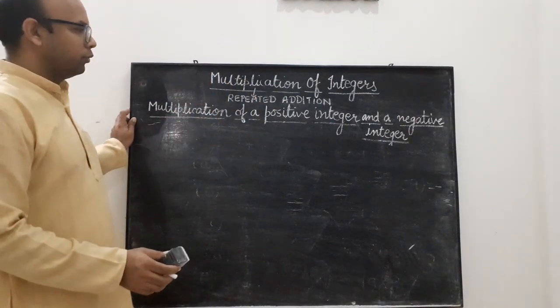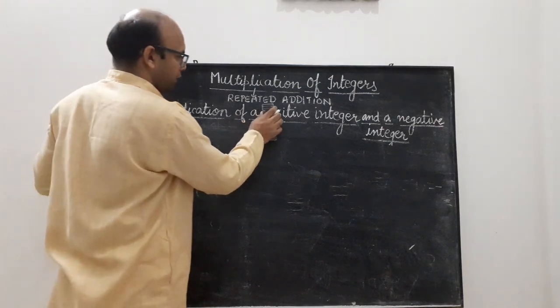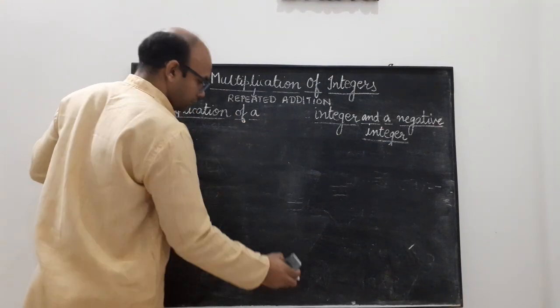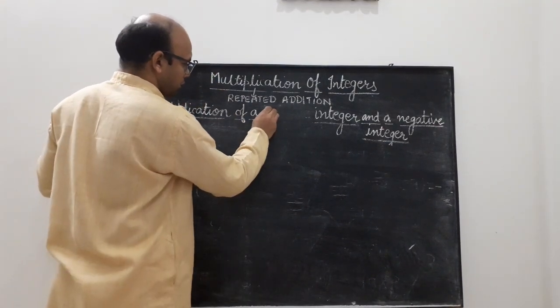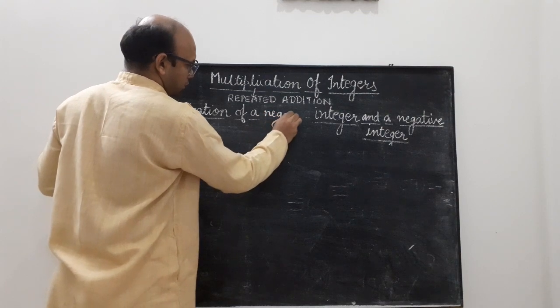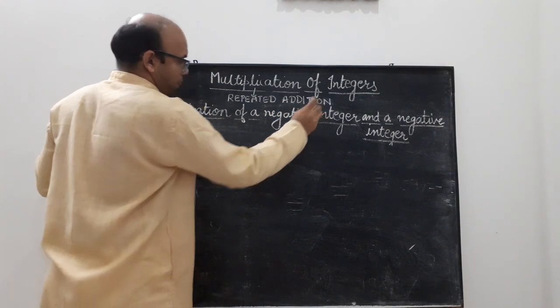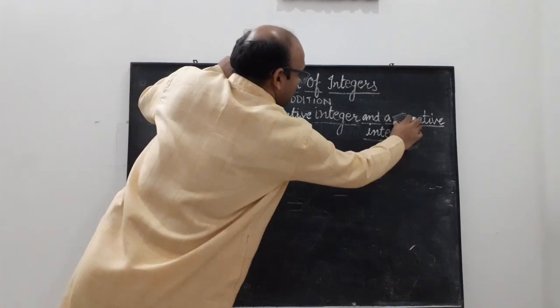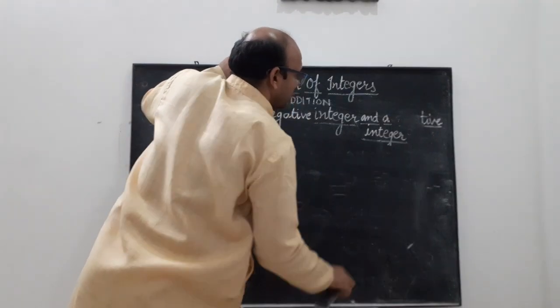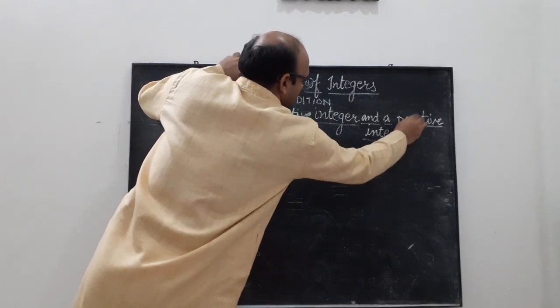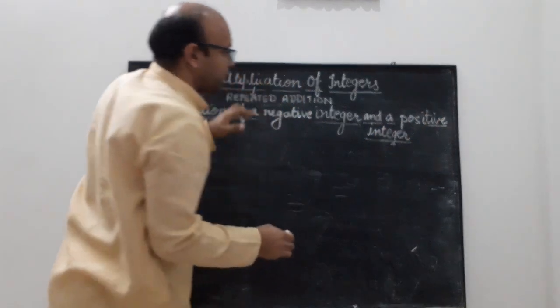Now we are moving to multiplication of a negative integer with a positive integer.